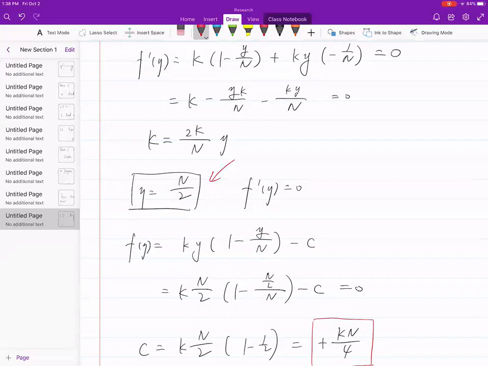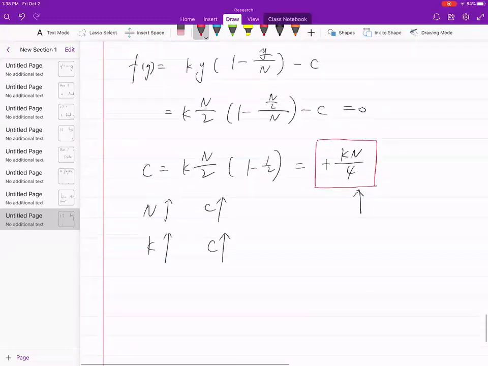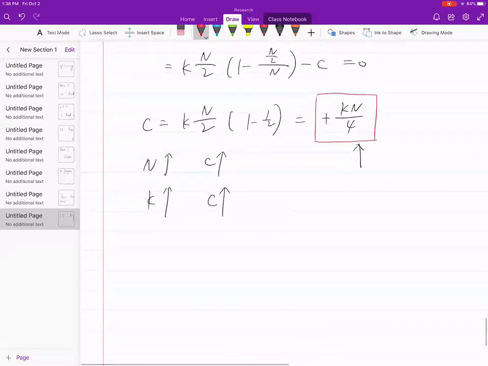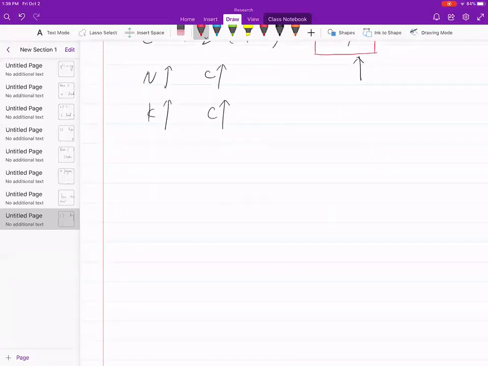That is long-term behavior, of course. So that's some interesting observations we have. Does everything make sense so far?